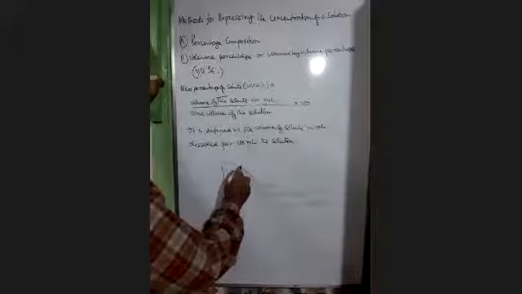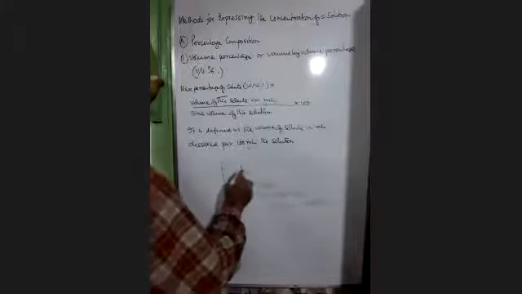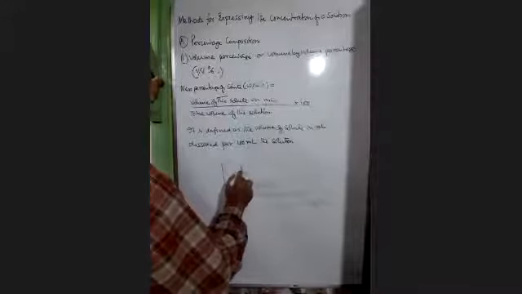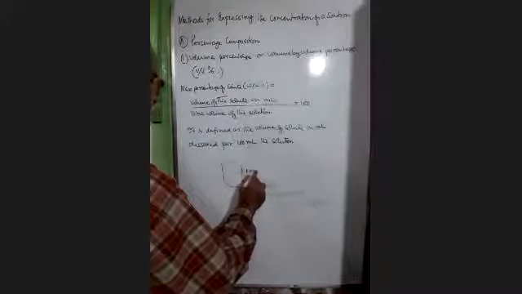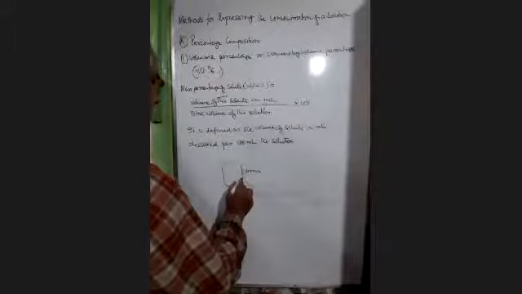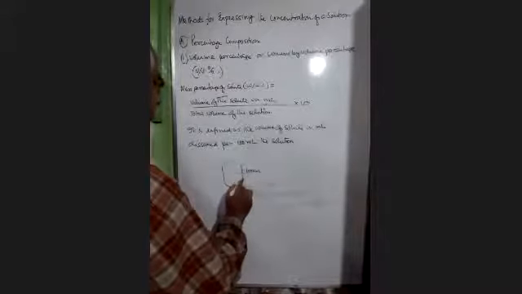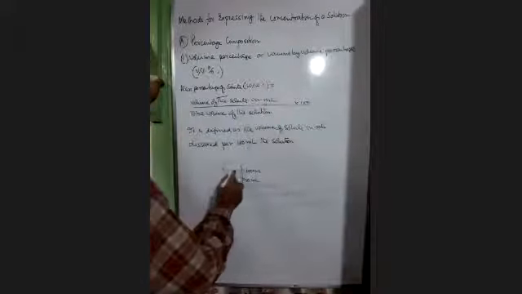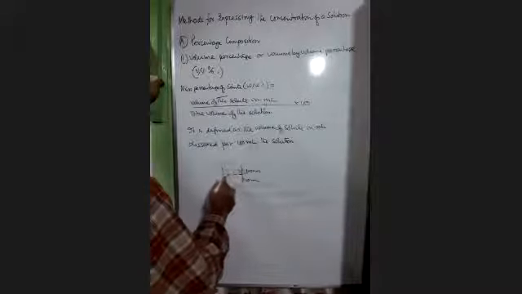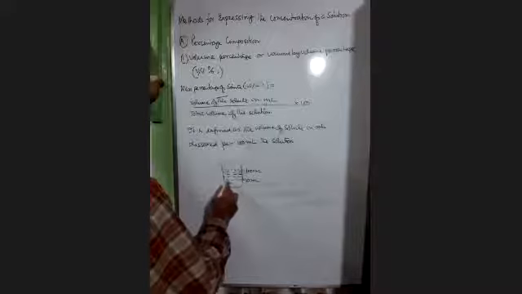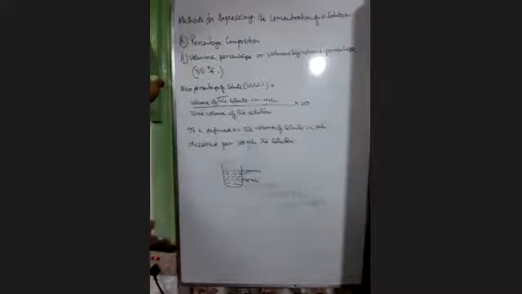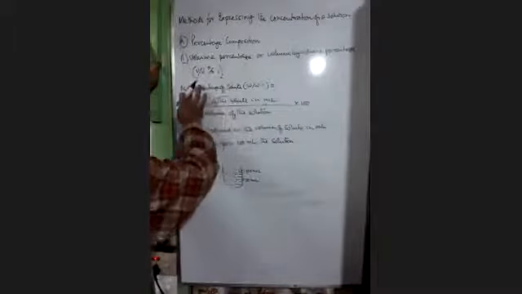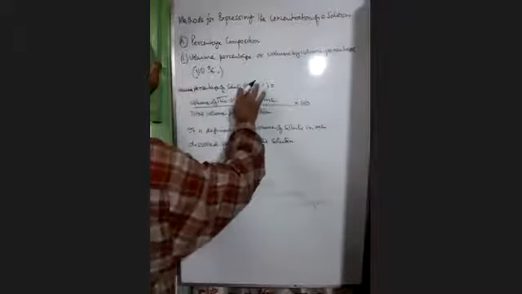Suppose I have taken here a solution, graduated, it is 100. Then say it is 50. So now the total volume of the solution should be this. Okay. Right now here, volume percentage, and this is V by V percent.